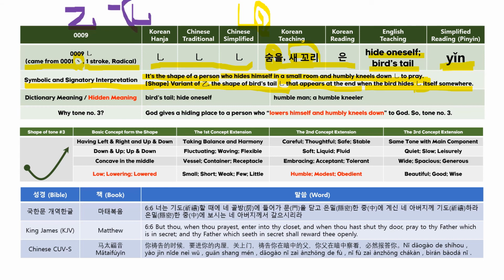So this is a variant of a bird, but also has the meaning of hiding himself or herself. That's why I interpreted this character as the shape of a person who hides himself in a small room and humbly kneels down to pray.